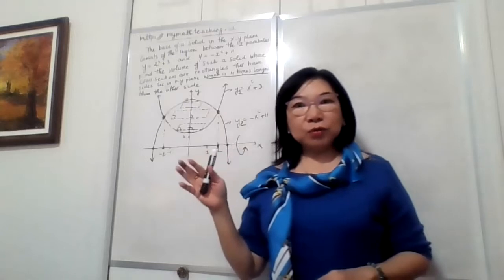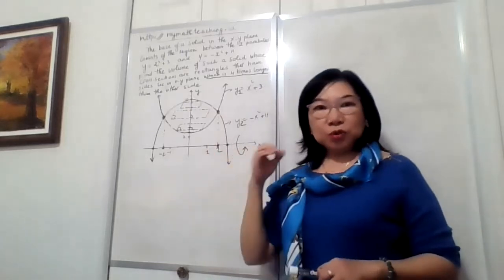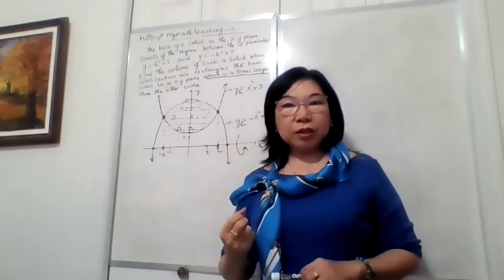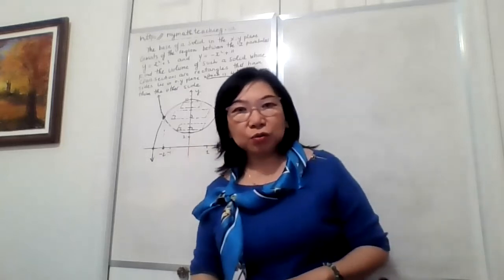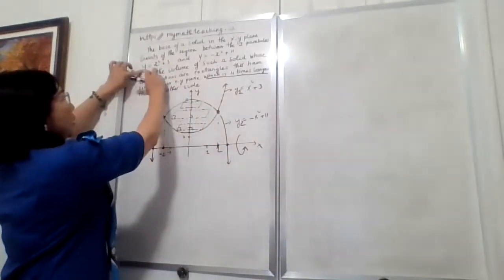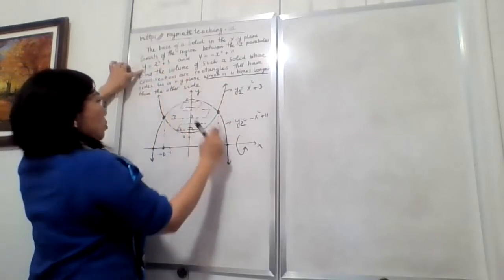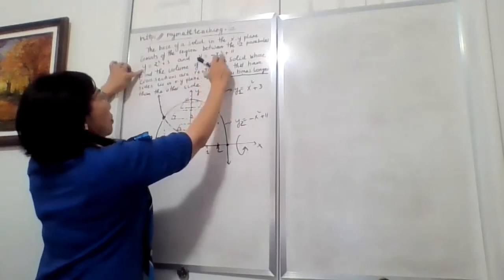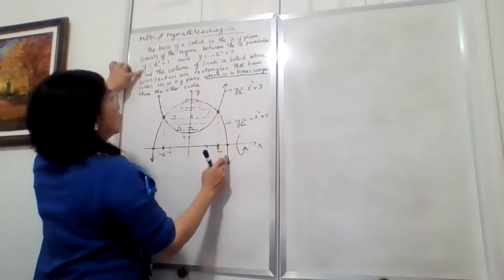Before I progress through the lesson today, I'm going to show you which points, when we read through the information, which kind of sentence we should pay attention to. The first thing I pay attention to is the two curves, y equals x squared plus 3, which is this curve, and y equals minus x squared plus 11, which is this curve.